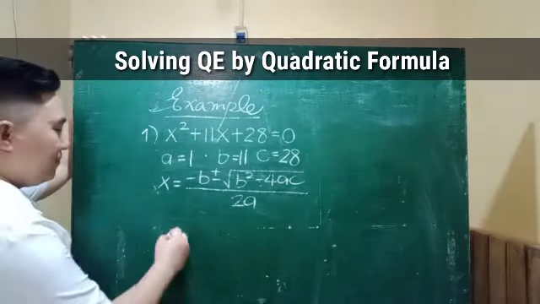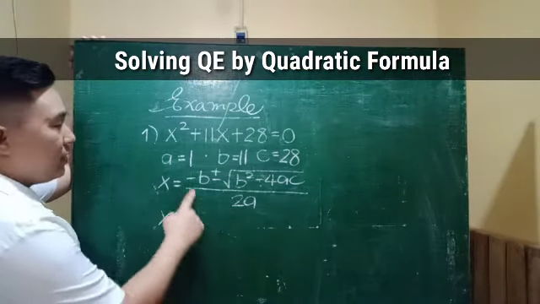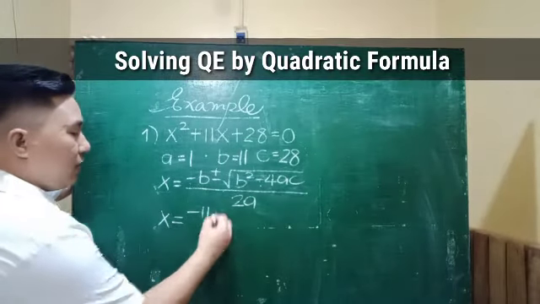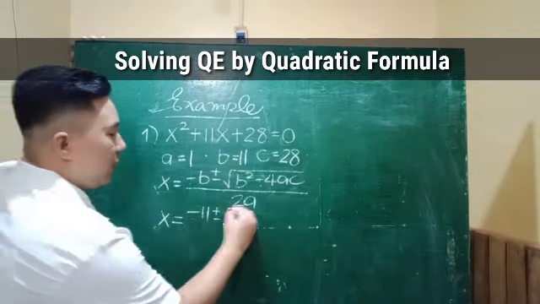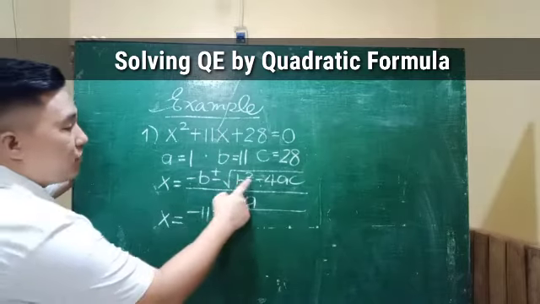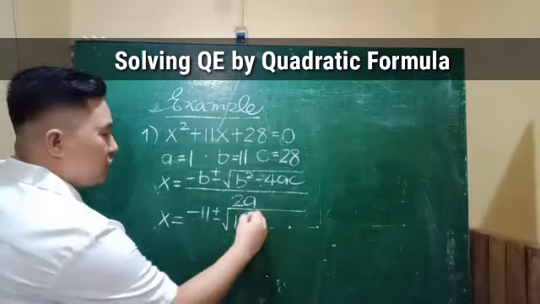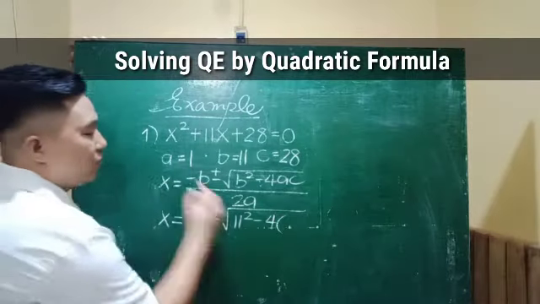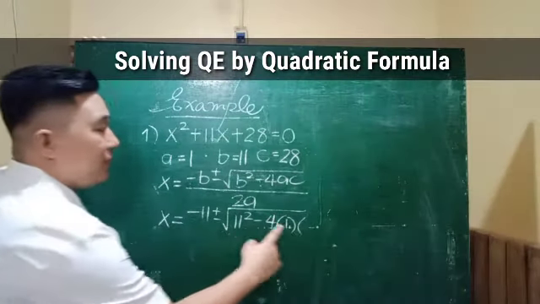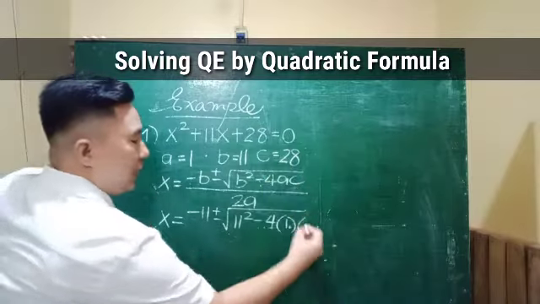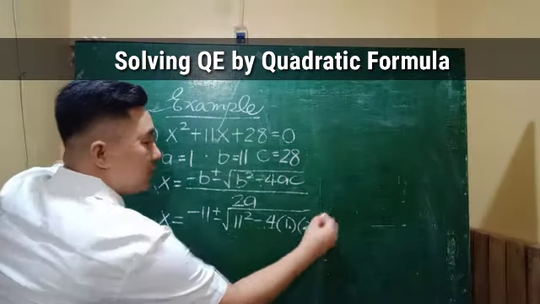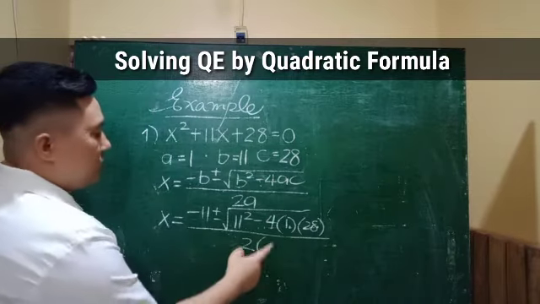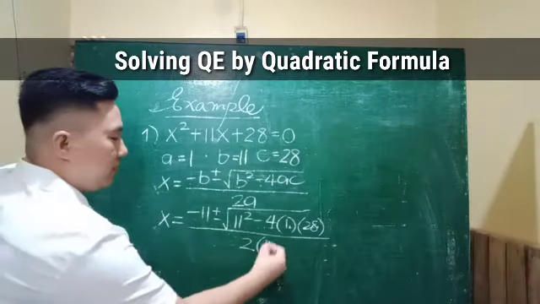So magiging x equals negative, our b here is 11, plus and minus square root of b squared, so 11 squared minus 4 times the value of a is 1 times the value of c is 28 all over 2 times the value of a, 1.